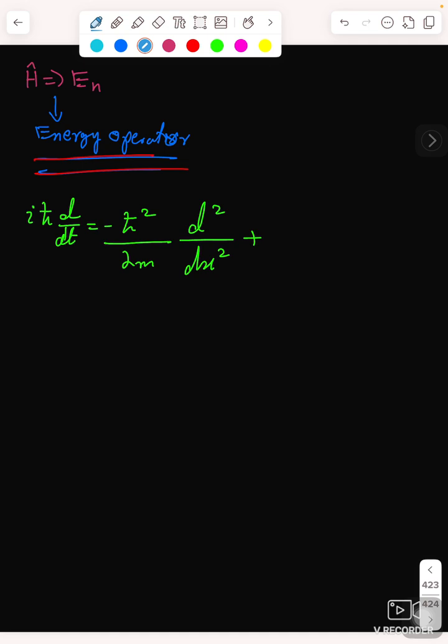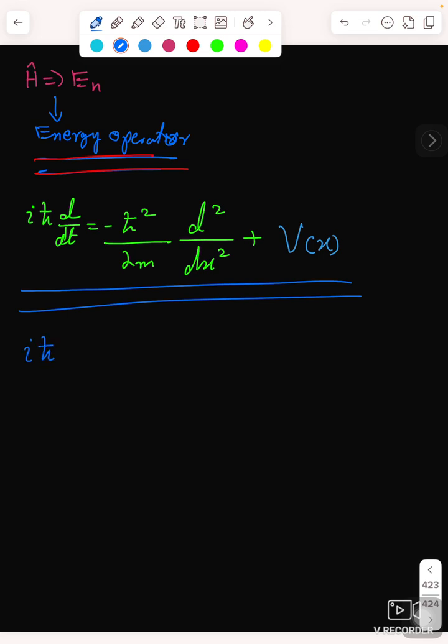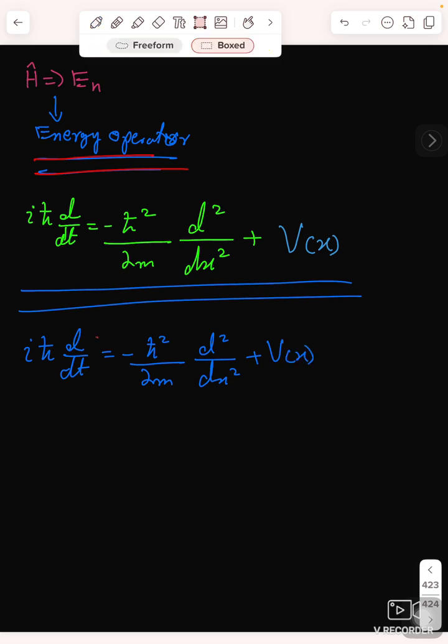That potential will be V in terms of x. Now it becomes i h bar d over dt equals negative of h bar square over 2m d square over dx square plus V(x).